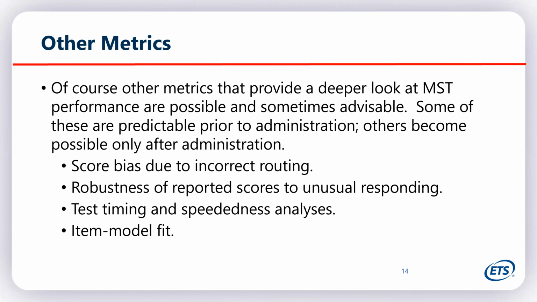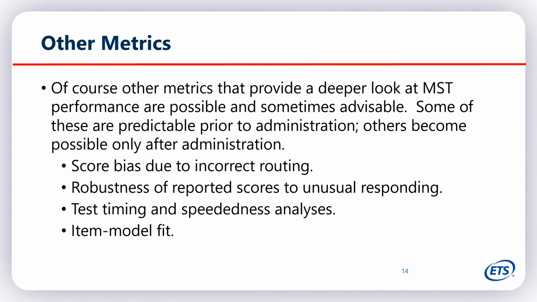So where we become maybe concerned with MST in particular is that the easy second stage module probably puts limitations on the ultimate score a student can obtain, even if they get all of the items in that second stage module correct.